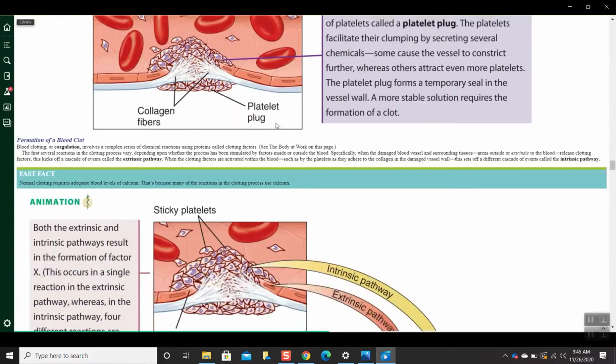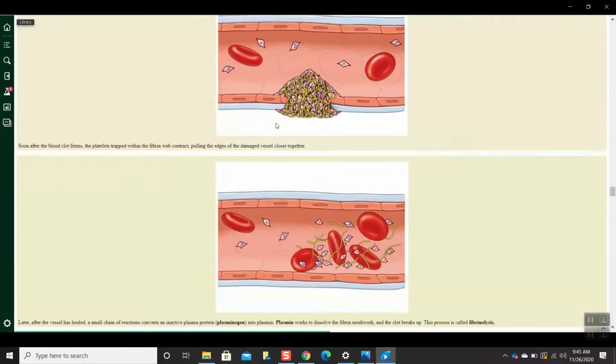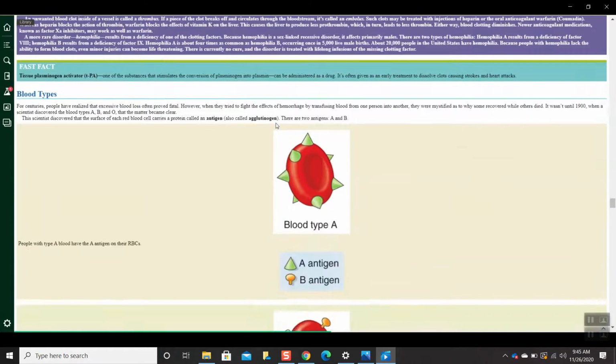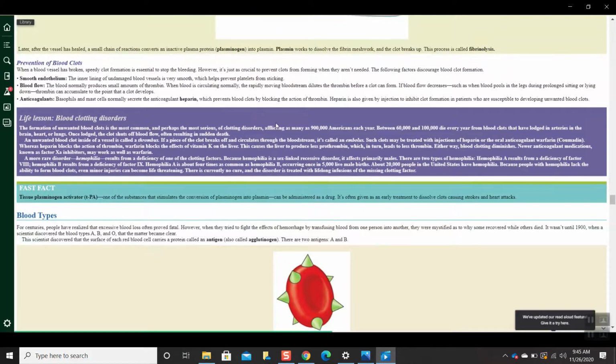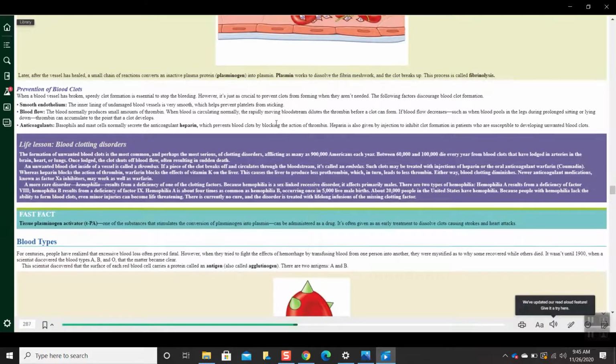You need to know the term coagulation. Coagulation is just another term for blood clotting.